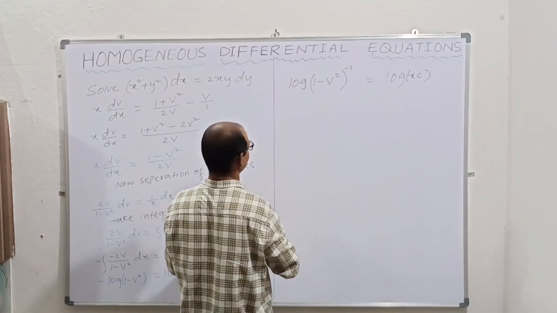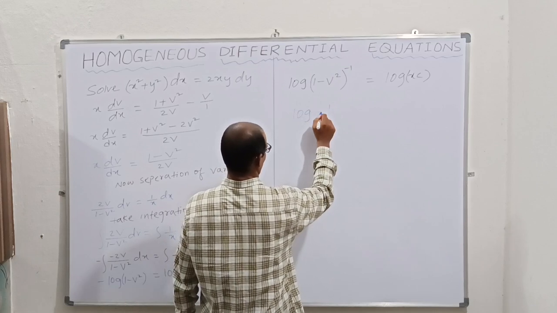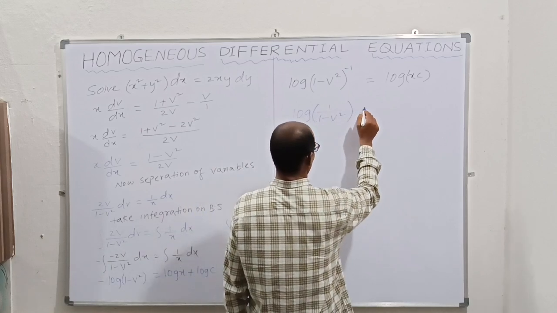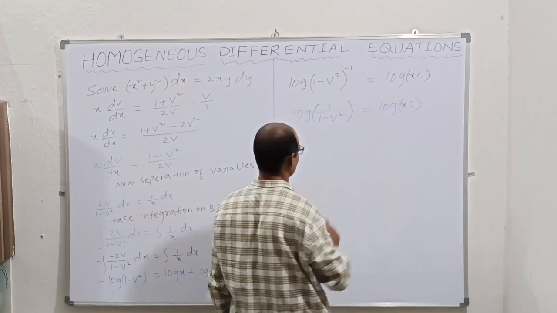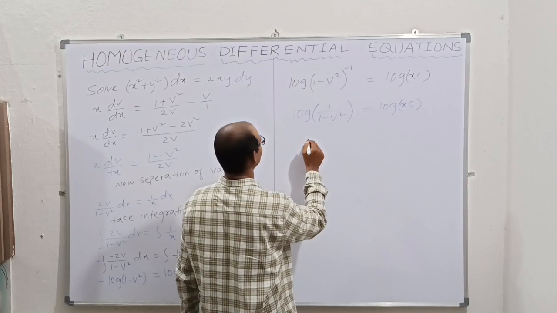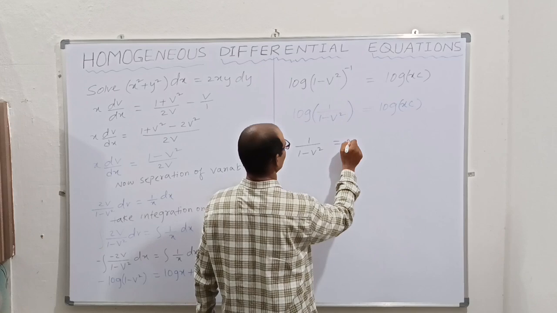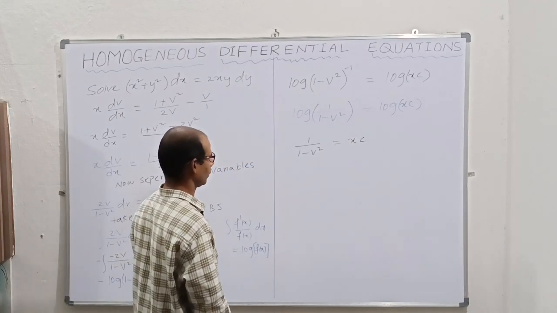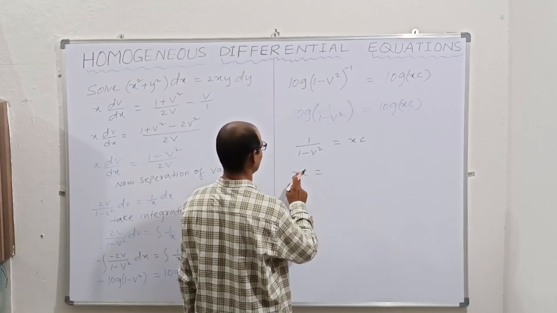So this can be written as log of 1 upon 1 minus v square is equal to log xc. So this can be written as 1 upon 1 minus v square is equal to xc.